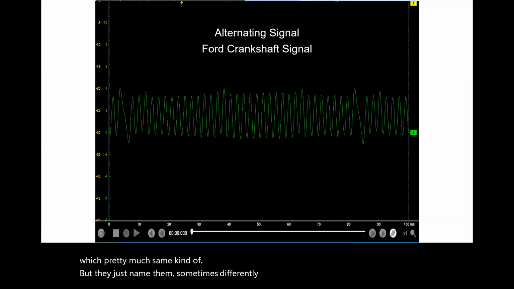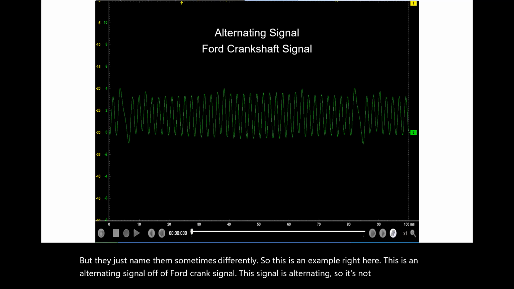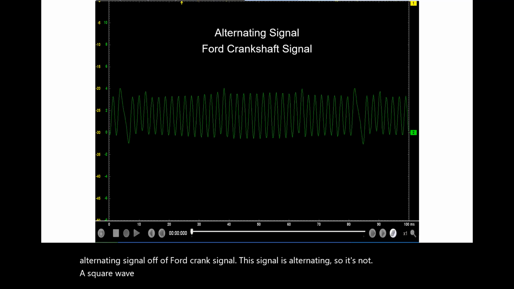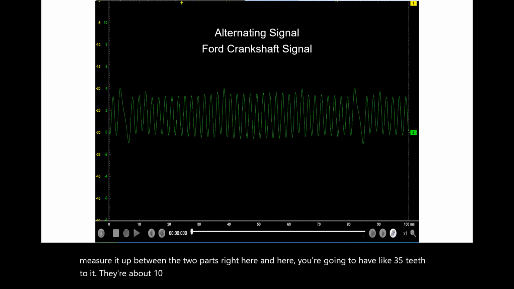So this is an example right here. This is an alternating signal off of a Ford crank signal. This signal is alternating, so it's not a square wave. If you measure it up between the two parts right here and here, you're going to have like 35 teeth to it. They're about 10 degrees apart, and there's one missing.